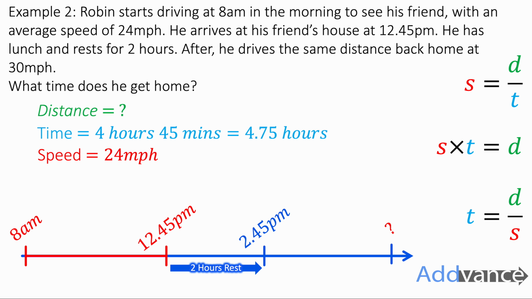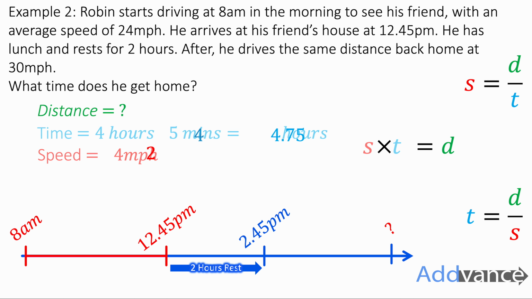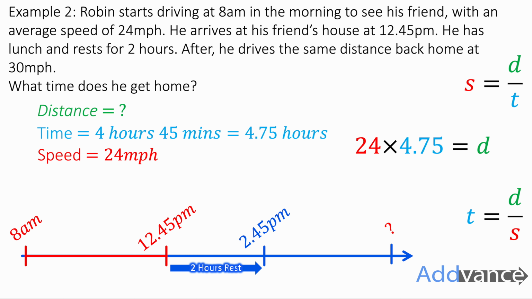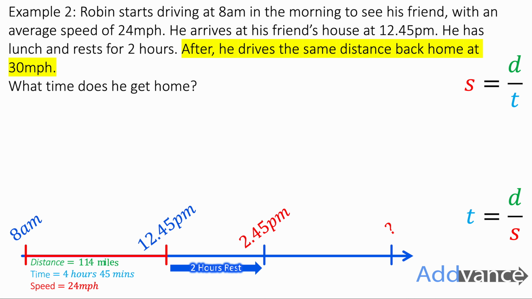And the speed is 24 miles per hour. So the distance he travels: the speed is 24 miles per hour, and the time is 4.75 hours. We multiply and we get 114 miles. So the distance he travels is 114 miles.